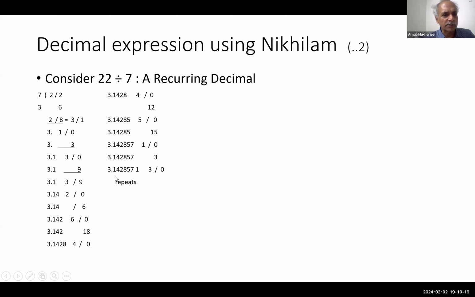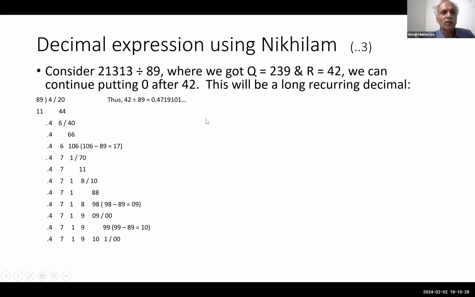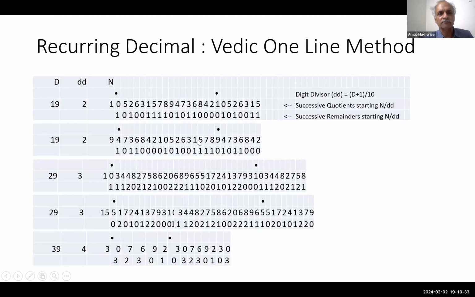Actually, conventional division also gives these numbers, 1 by 7, something by 7, 142857. In the Nikhilam method also it is possible to get them by applying zeros and so on. So we have shown some calculation. I come to it later. It is an Excel screenshot.